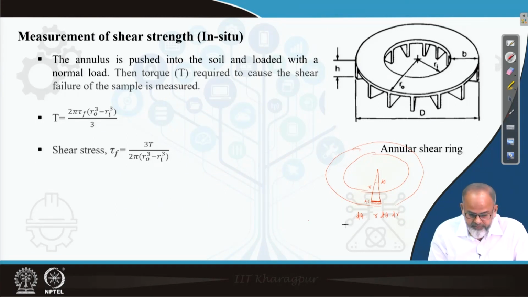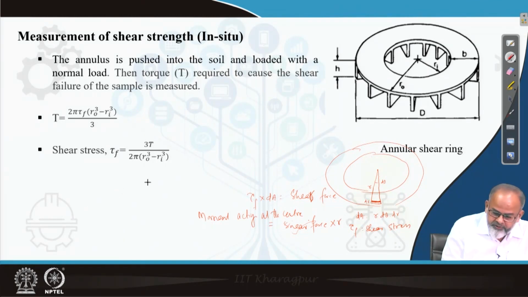Now, if tau F is the shear stress which is applied, then this shear stress into dA will give you the shear force. This shear force is acting at a distance r. The moment acting at the center will be equal to the shear force into the radius r.